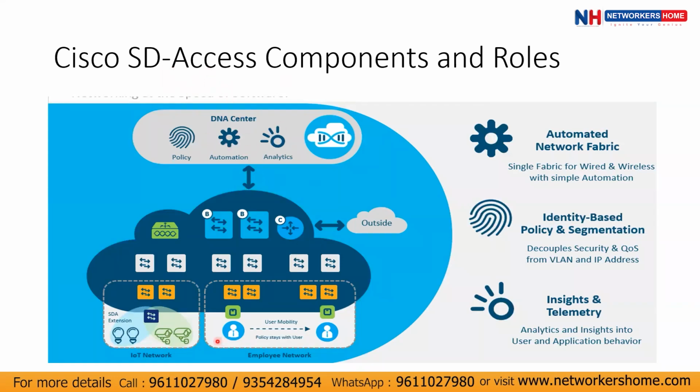In SD Access, you can create the fabric, but you cannot leverage policy and identity-based segmentation. Previously, when SD Access launched in the earlier version, it was mandatory that you have ICE integrated with DNS Center. Now we have that flexibility. Suppose any customer doesn't want to leverage this important use case of identity-based policy and segmentation, then they can get rid of ICE and still have the fabric, right?